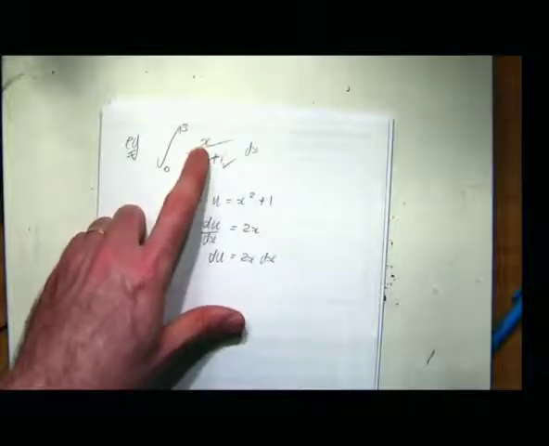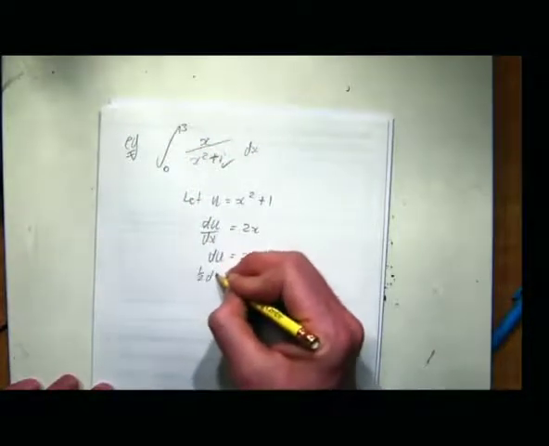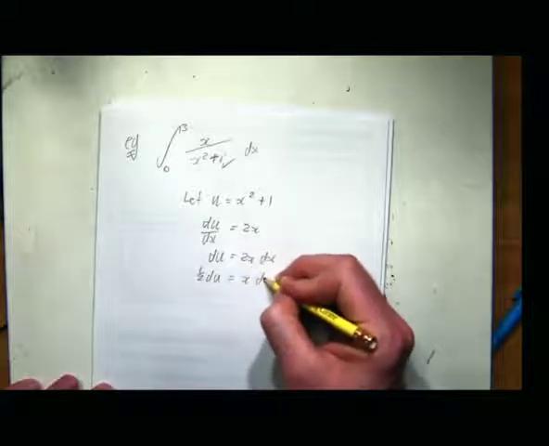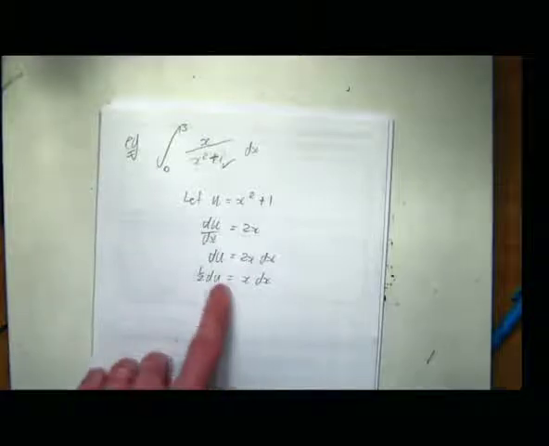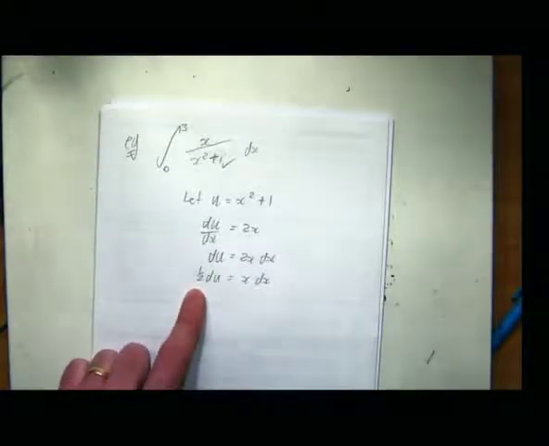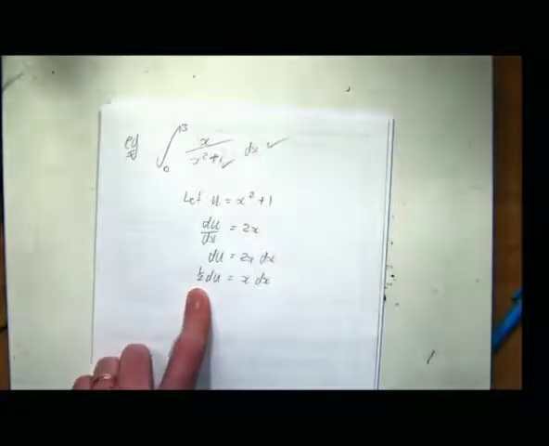So I can join that x with this dx. Which is great. So I do have an x dx, and therefore I should move that 2 away and divide by 2 to get a half of du. So I've dealt with the x dx. The x dx is a half of du.